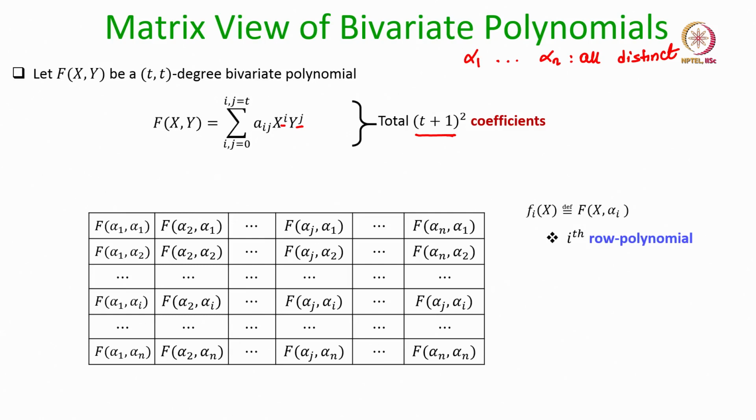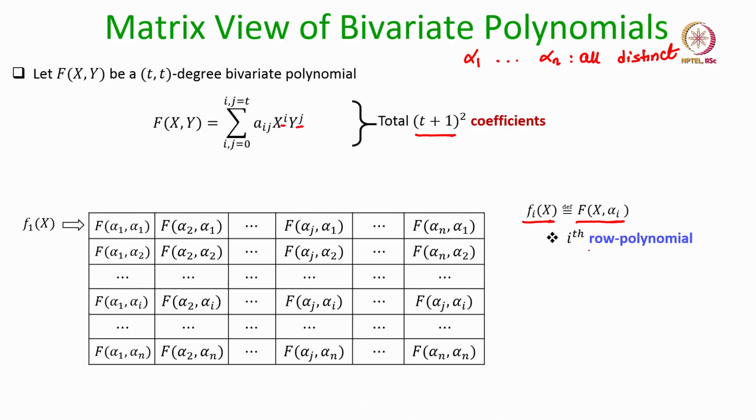Because if I focus on the values in the ith row here, then it has a special property: among these n square values, the values in the ith row lie on a univariate polynomial in the x variable, namely the polynomial f of x, alpha i, which I denote by f sub i x polynomial.